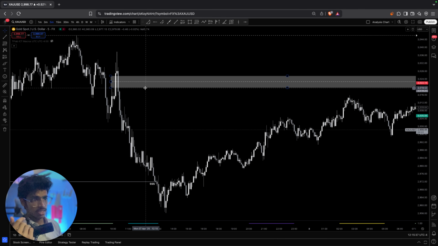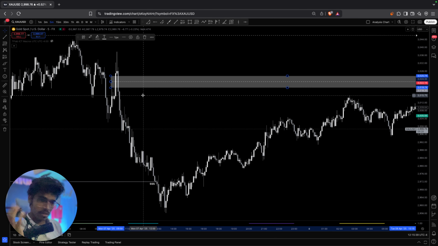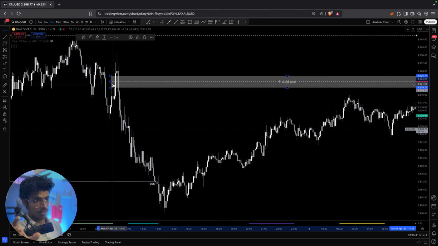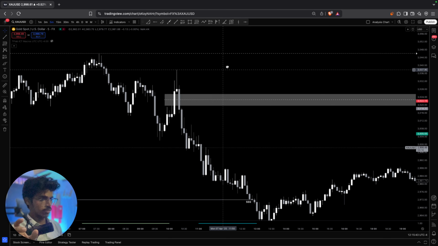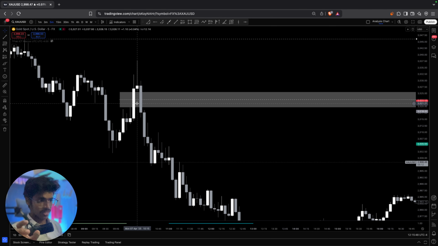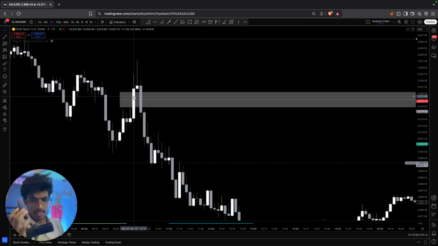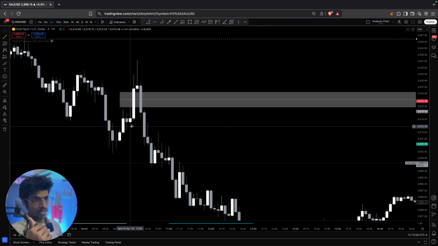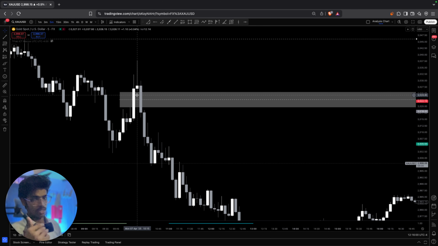So this is a powerful inverted fair value gap and fair value gap both. From one side the fair value gap got inverted, and from the other side it is getting created, so both of them are lying in the same zone. It's a kind of rejection zone where we will see some rejection. Here we are not following the order block because we have a better thing to do with the fair value gap.